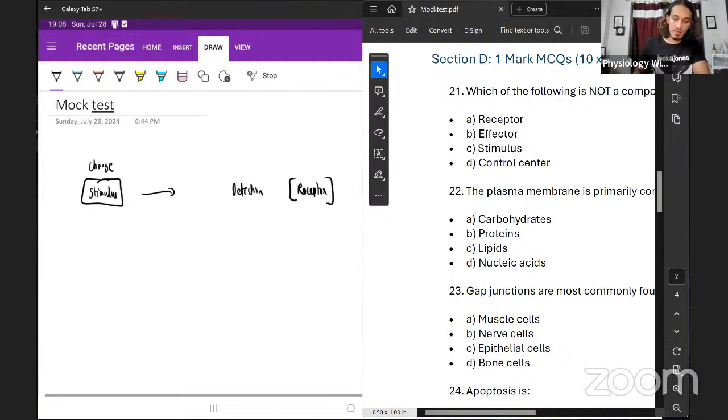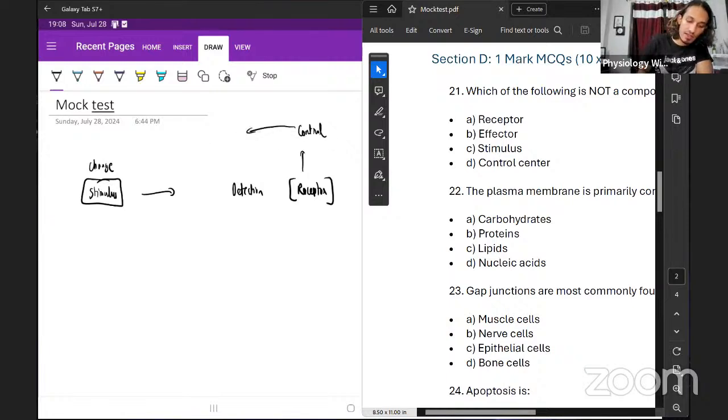Now this will take it to a higher control center. Okay, and that control center will take it and give it to the effector, which will make sure it brings about the change and returns it back to its state.